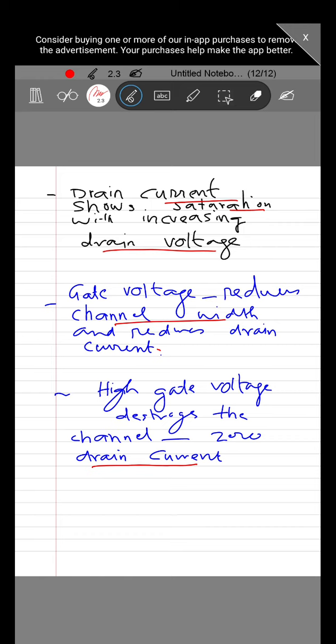So apart from junctional field effect transistors, we have another type of transistor which is called a Mosfet. Mosfet stands for metal oxide field effect transistor, and it is also a voltage control device.